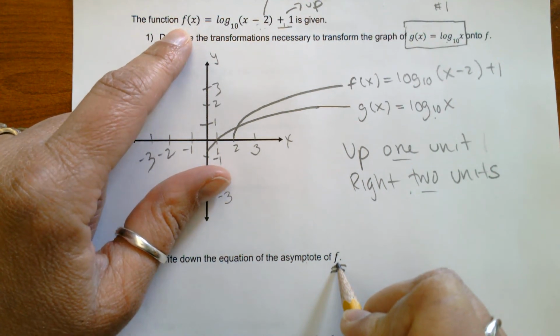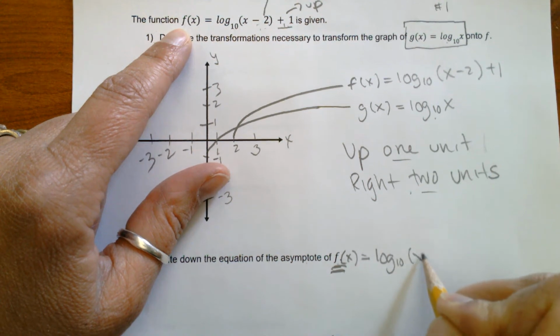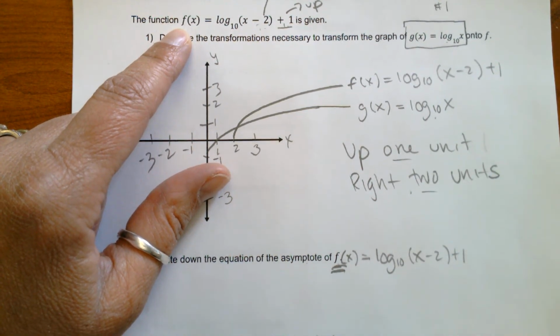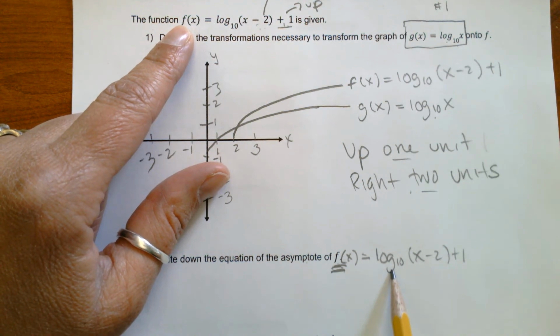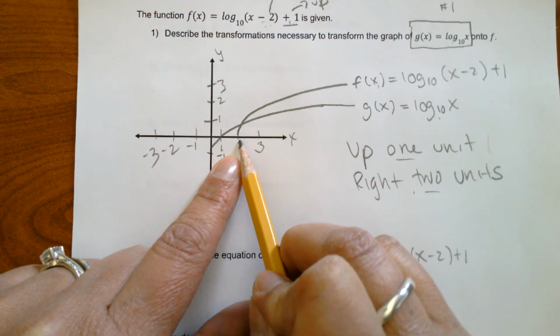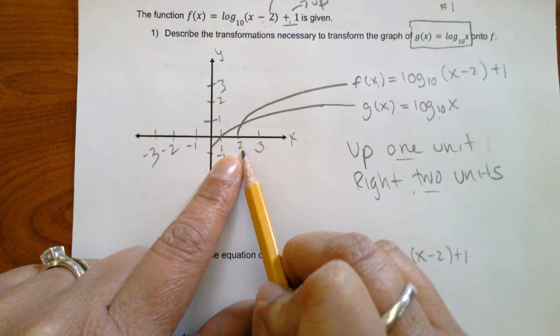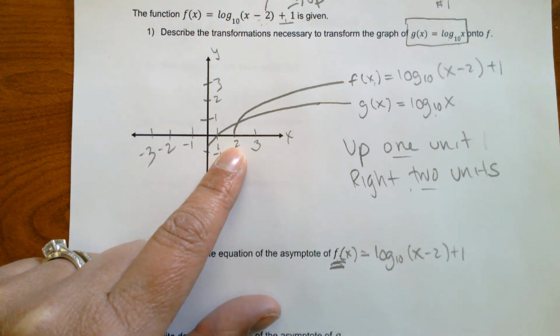They want us to look at f, so we're going to be looking at f of x equals log base 10 of x minus 2 plus 1. I actually like to take this letter, match it up so we can see which asymptote we're talking about. And so we're actually looking at this one right here. Now, we don't know if it's touching 2. Let's actually go and figure out if it's touching 2 or if it's trying to touch 2.